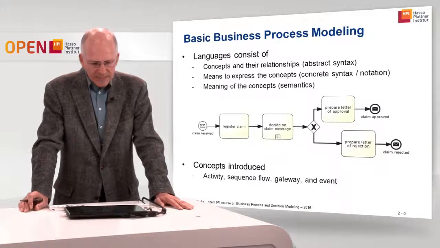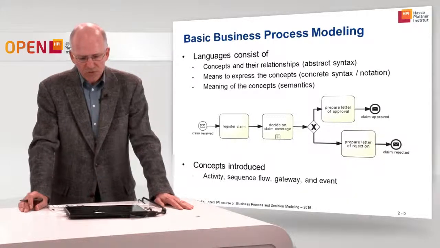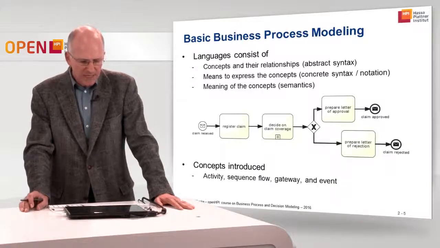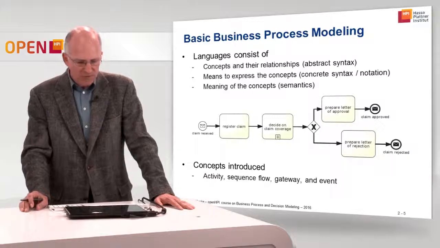Then we need to express the concepts of the language. And in order to do that, we need something called a concrete syntax, or the notation. And finally, the elements, the concepts, need to have a meaning. And that is the semantics of the language.